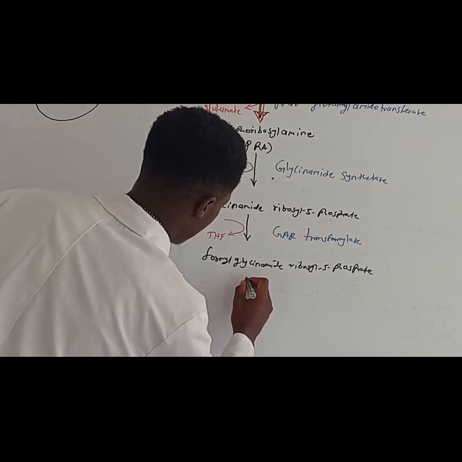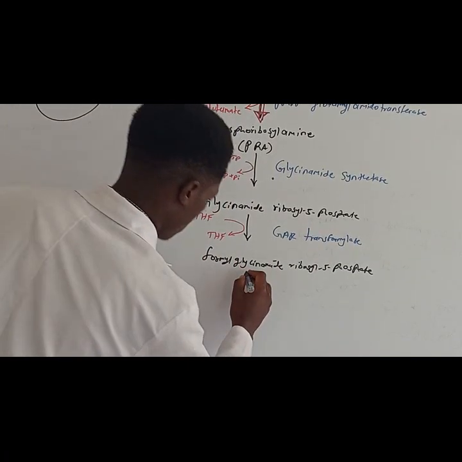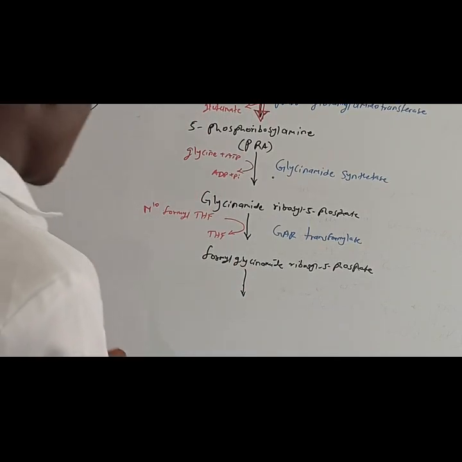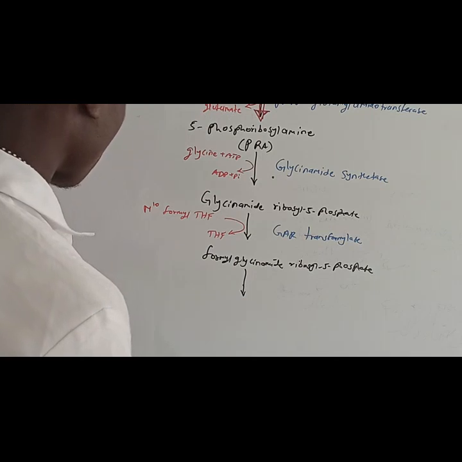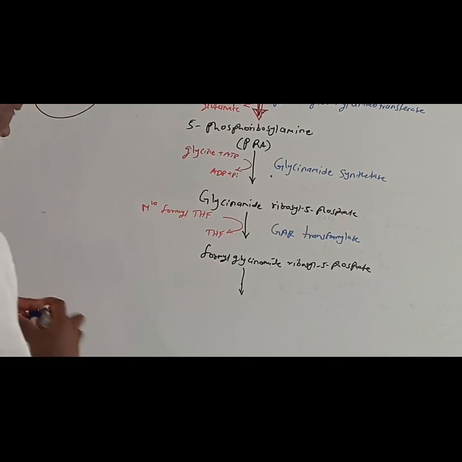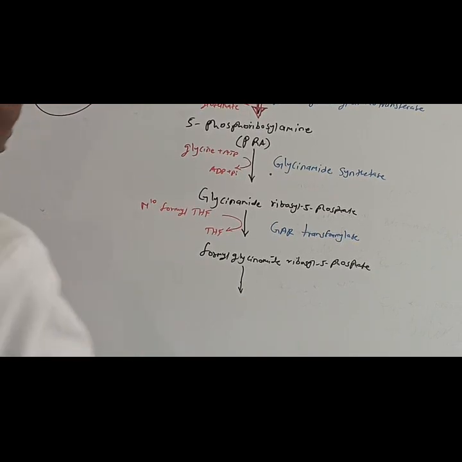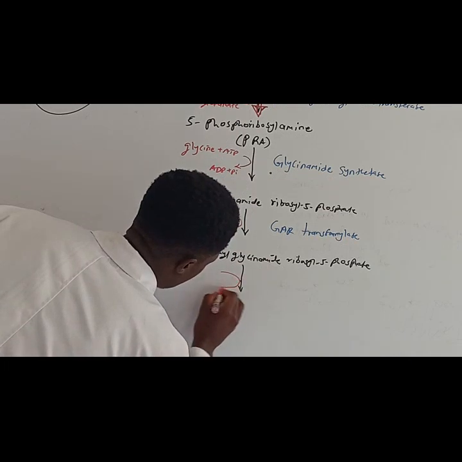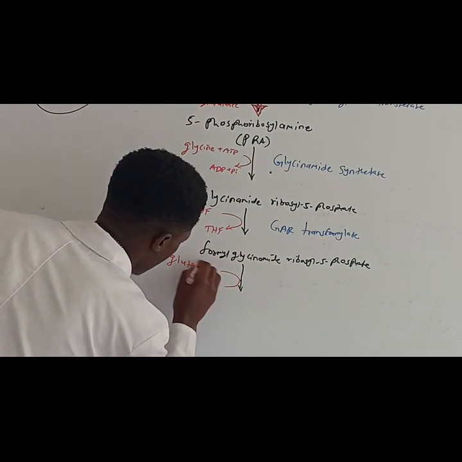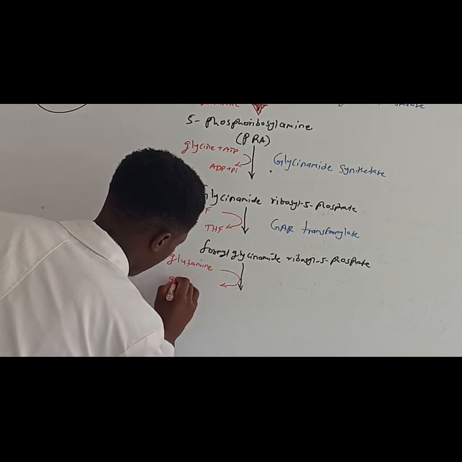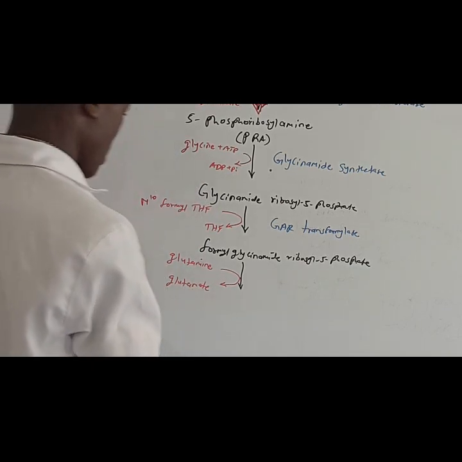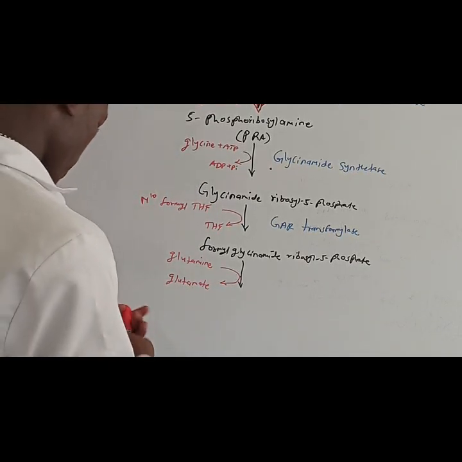phosphate is going to be converted into a new molecule, and this is going to require the amino acid glutamine. So we're going to have glutamine converted into glutamate. So the glutamine is going to deliver its amino group.